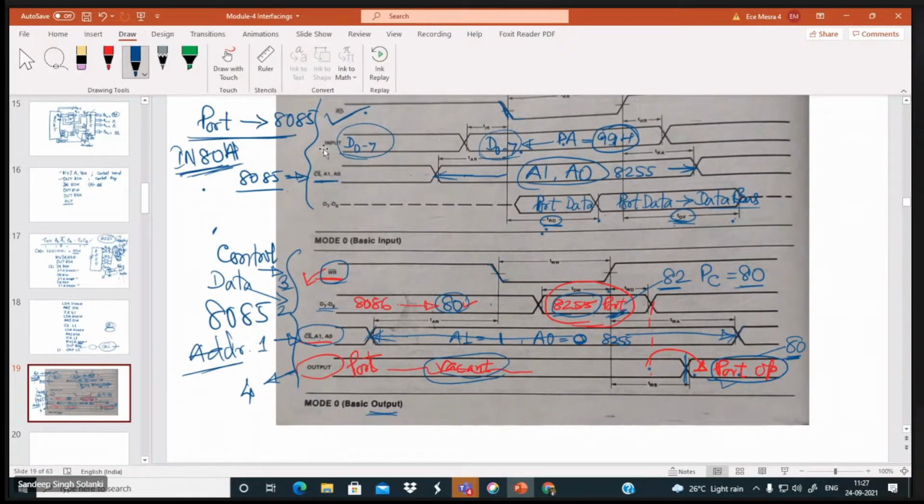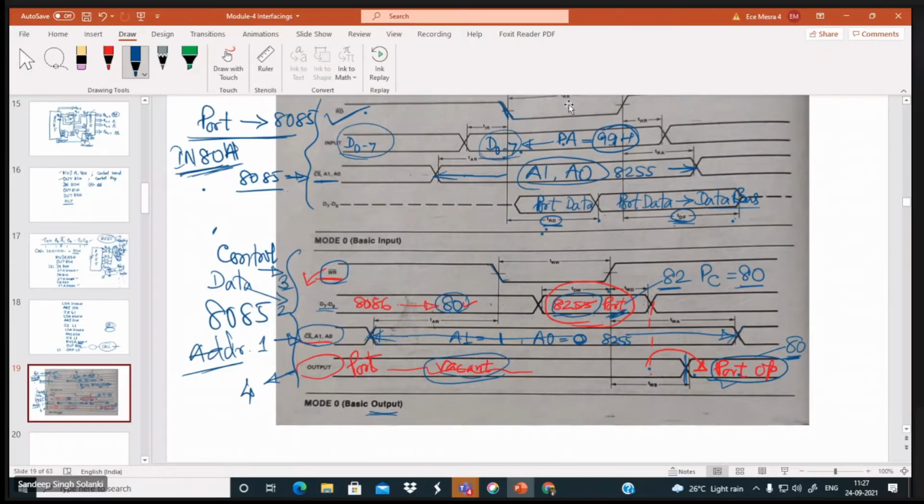Because here what you find is a more detailed timing analysis of the chip. That is why you are finding it a very detailed thing, and you need not mention this T, and this T, and this T. These T's you need not mention, because I know you cannot remember all of these things, and that is not required. What is required is whether you understand the concept or not.